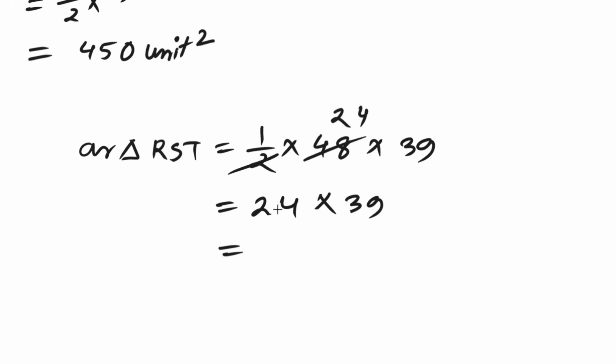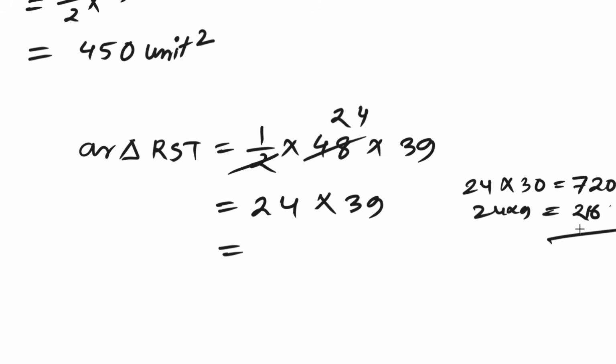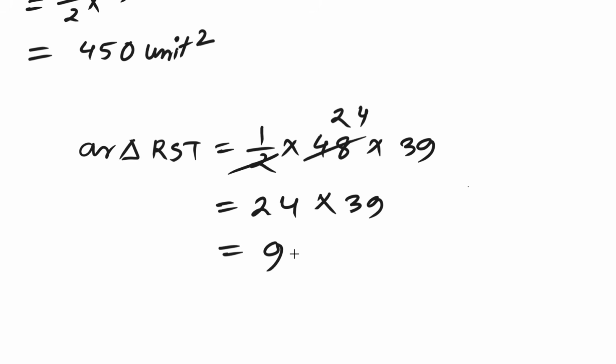Calculate that carefully. 24 multiplied by 30 is 720, and 24 multiplied by 9 is 216. Add those together and we get 936. So the lower blue triangle has an area of 936 square units.